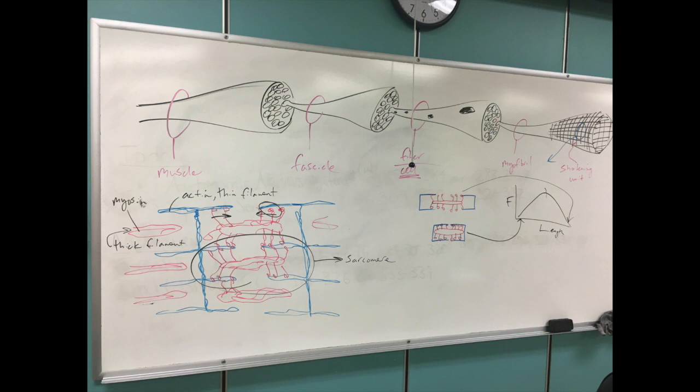Another name for what I'm drawing here in blue is the thin filaments. So actin is A-C-T-I-N. Another word for that is the thin filaments. In the middle, in between this grid, I'm going to draw a protein in red that's thicker. Okay? And this thicker red protein is called myosin.